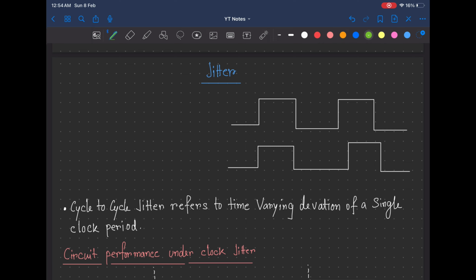Clock jitter is basically a temporal variation of clock arrival time between the 2 points. If you remember, clock skew was a spatial variation and clock jitter is a temporal variation. Here the clock period can increase or decrease with time.